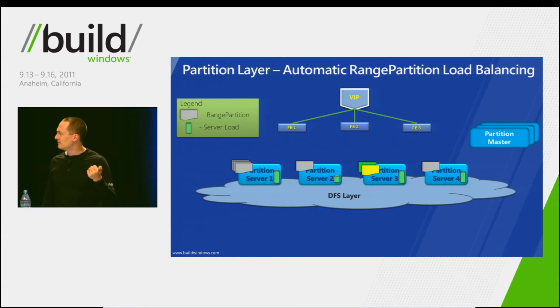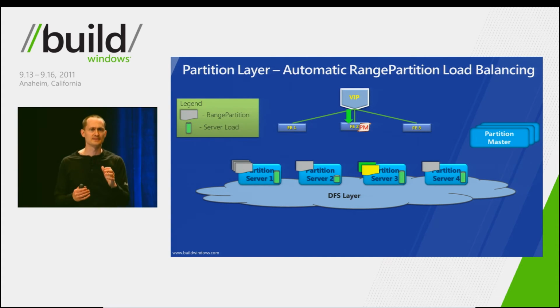Let's say we have some requests that come in for the green partition, meaning that these requests are trying to access this part of the index represented by that green partition. So each partition, remember, is just part of the blob index. So it looks up in the partition map what server is serving the green partition, and the partition map says server 3, and so the request is forwarded there and processed.